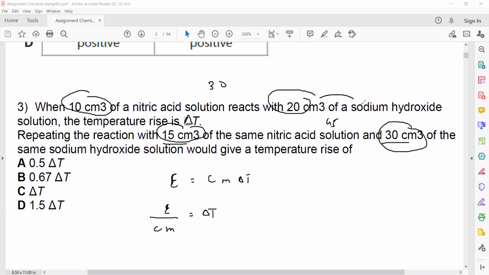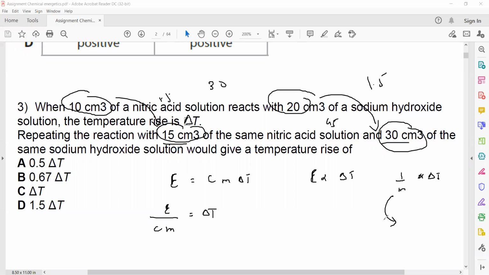So what we did, this is 1.5 times, this is also 1.5 times. So if we increase the amount, the energy released will also increase. Specific heat is constant, so energy and temperature change are directly proportional, and mass and temperature change are inversely proportional.